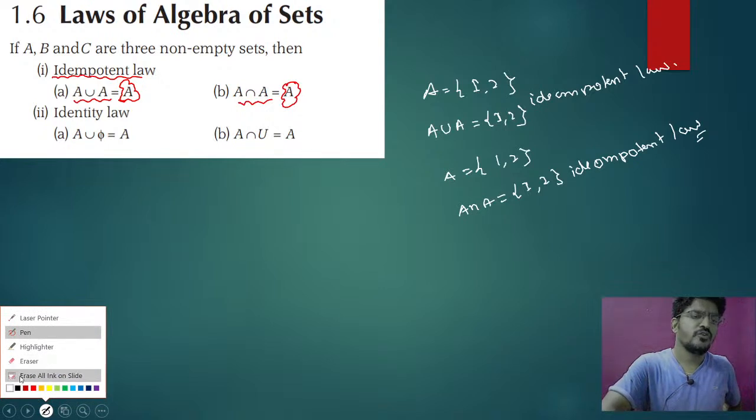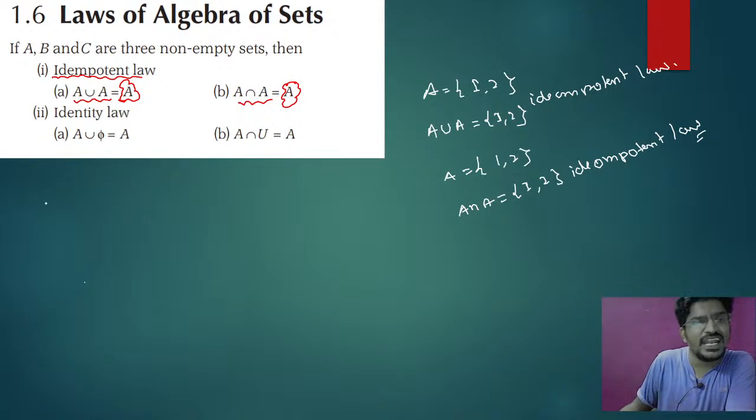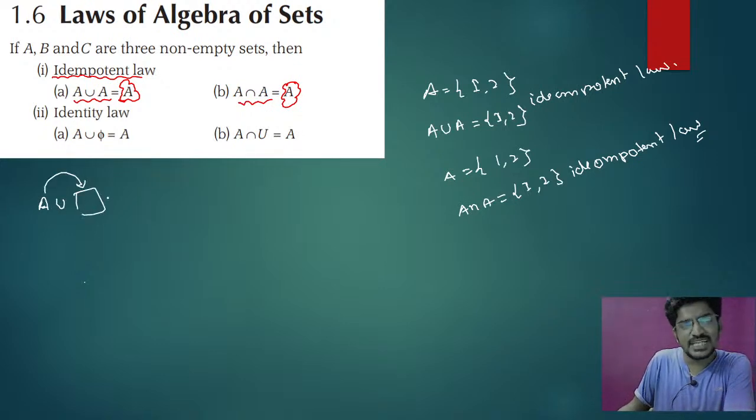Okay. Next you just see identity law. Before you go for identity law, you must understand some very important thing. Identity means I have some set here, I have operation union, and if I fill this box with some set, I should get the same set.